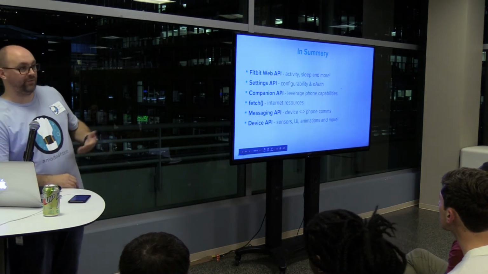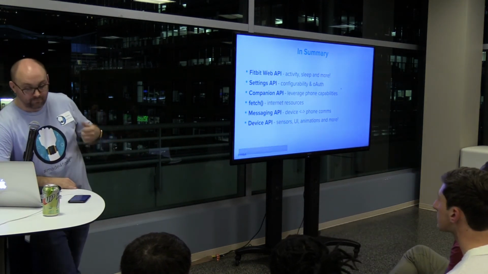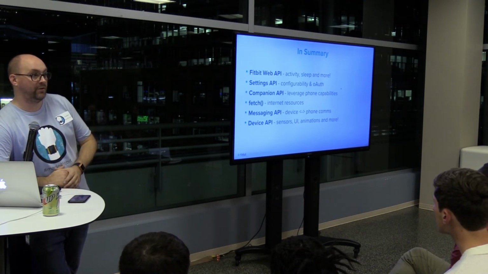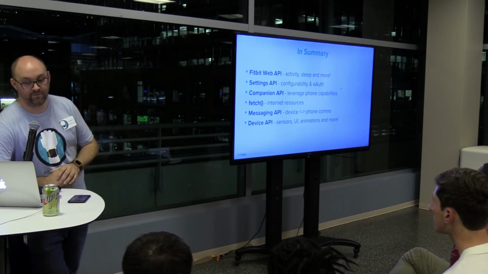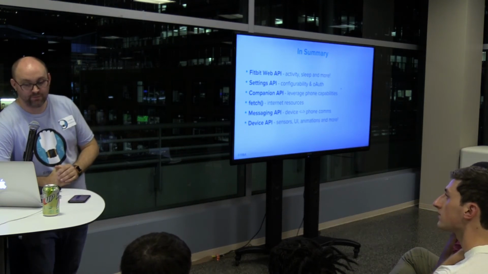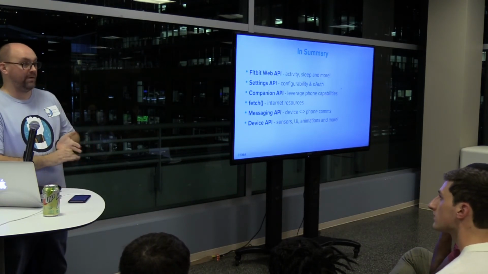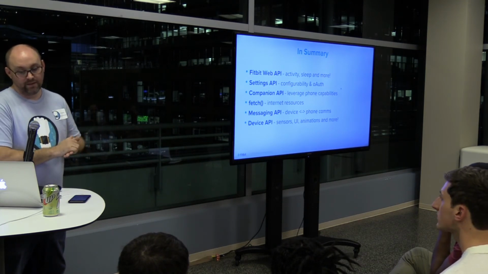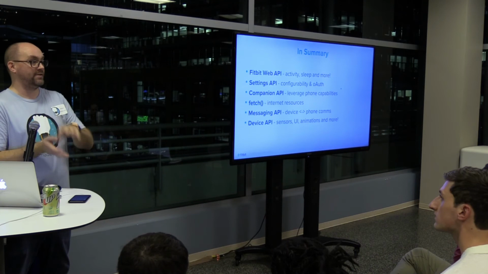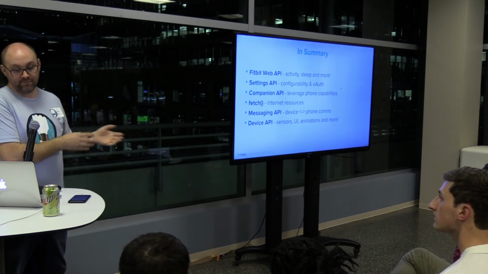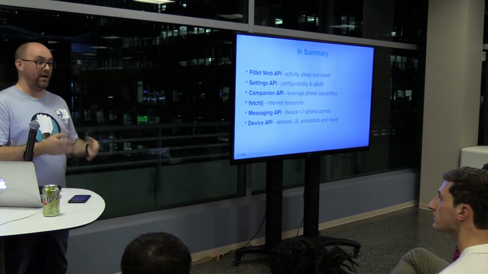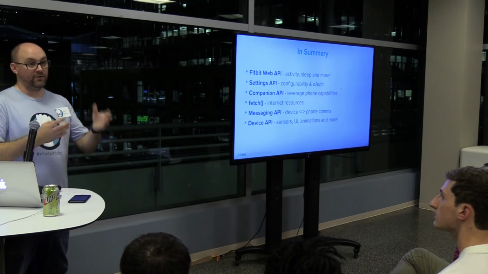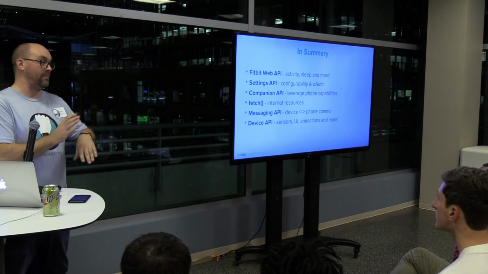What we have is we've used the Fitbit web API, the settings API to make it configurable, and it does the OAuth for us without anything really complex at all. And then we've used the companion APIs to do fetch and manipulation on the phone, and the messaging API has been used to send that data down to the device, and then the device API, which runs on the actual watch itself, has all the processing already done for it, and just does the UI manipulation.